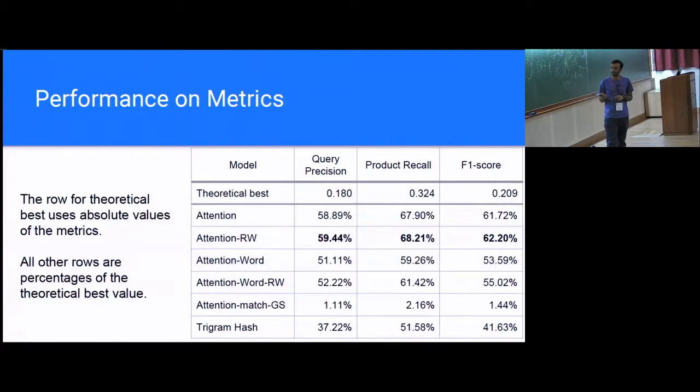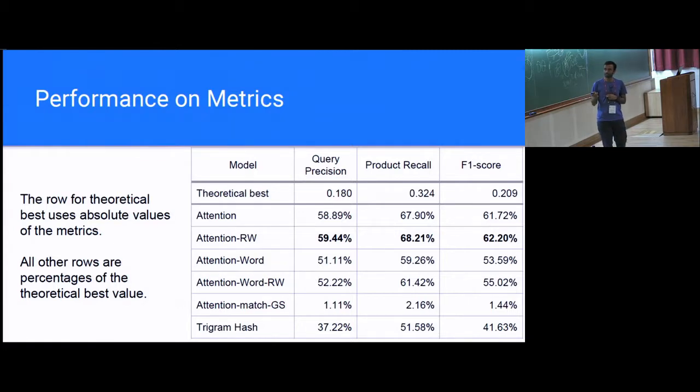And this is the model where the loss function is trying to match embeddings from GraphSage, which is a graph embedding method, and they perform really badly.